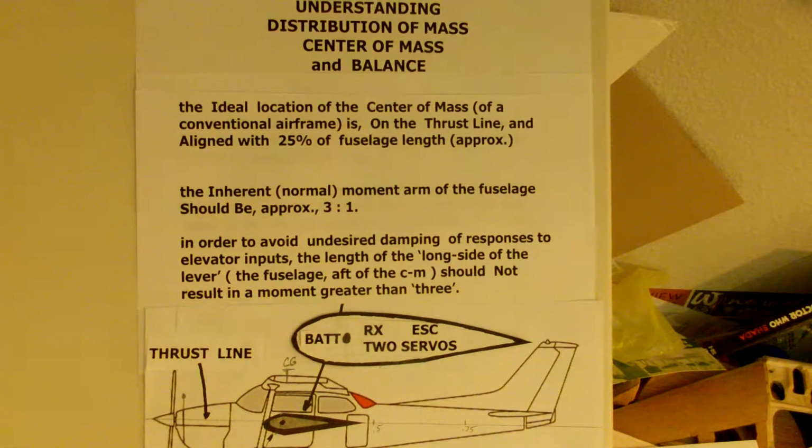Here's the rest of the text and the illustration that goes with today's discussion. Getting back on track. When thrust line is mentioned, it's just a simple idea of the force that's coming off the prop. And it's going to be perpendicular in orientation to the prop.